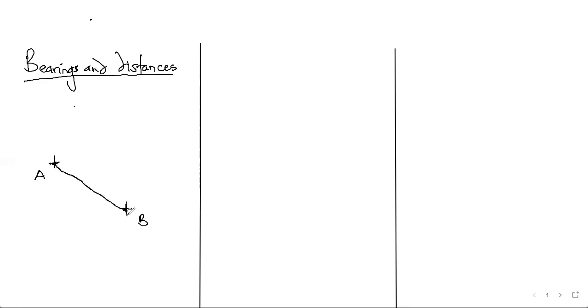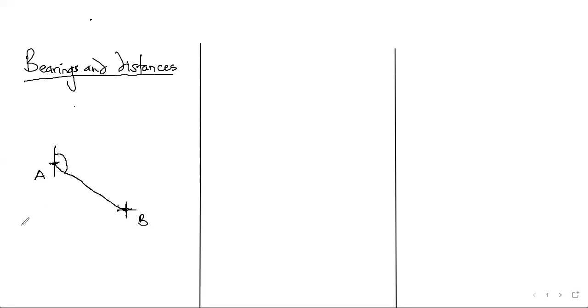If I give the bearing of point B from point A, then I know exactly where point B is, if I'm just considering the direction. So there are two ways of representing bearings.